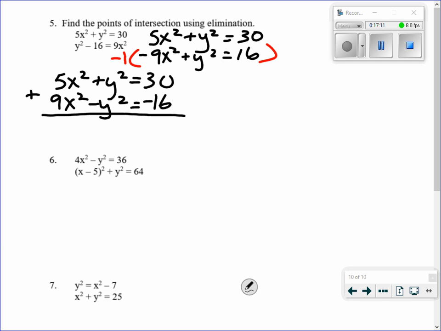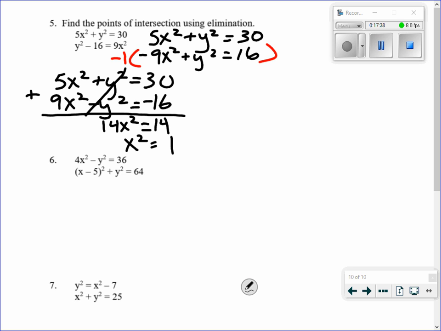So think about adding these together. 5x squared plus 9x squared would give us how many? Good, 14x squared. Those y's we know became 0. It equals 14. So we've been here before. We've solved for an x squared. So what are we doing? Good, dividing both sides by 14. So I have x squared is equal to 1.